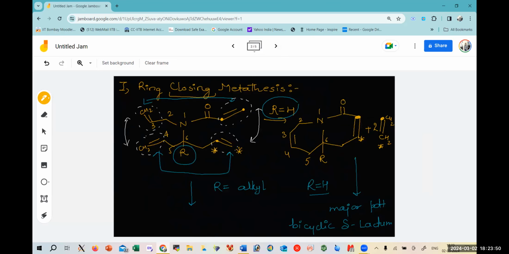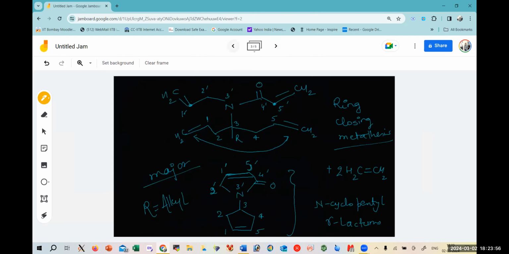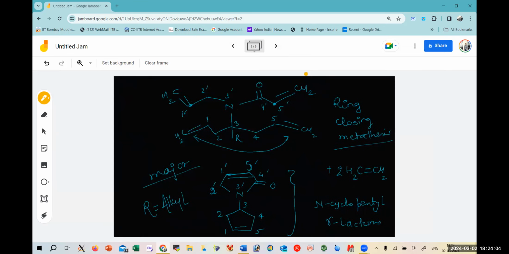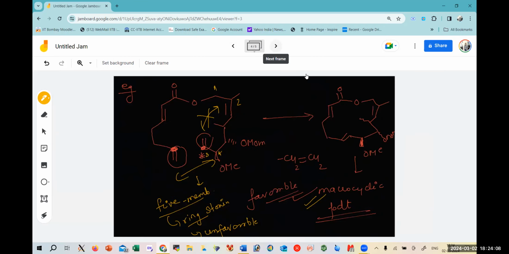Now moving ahead, we have covered the first topic, where we have taken 2 examples explaining how ring closing metathesis happens, and here also we saw how the major product changes when the R group is changed.